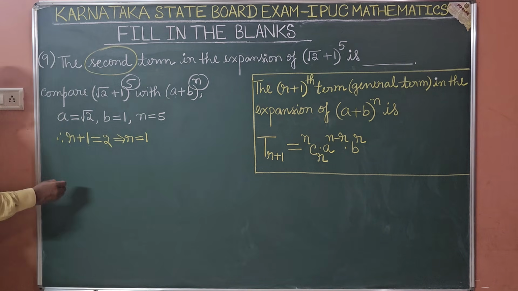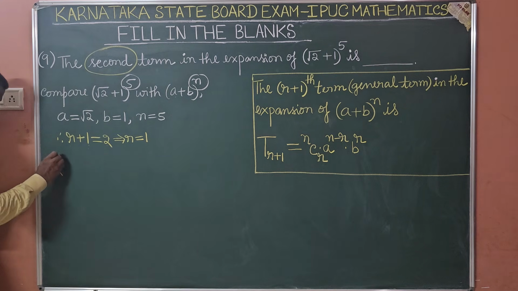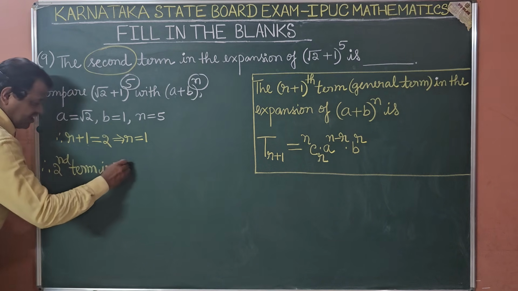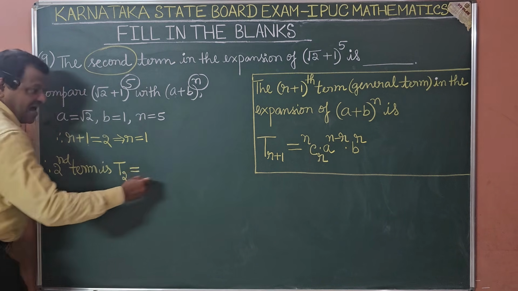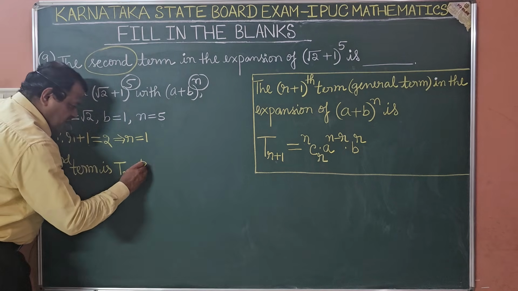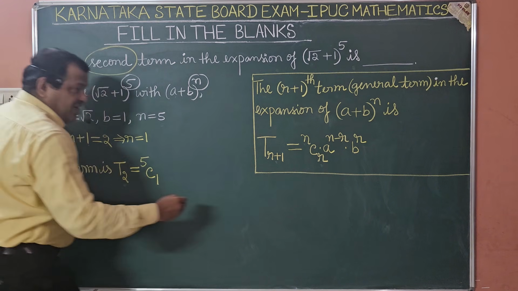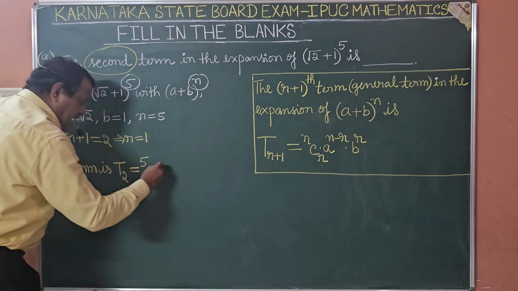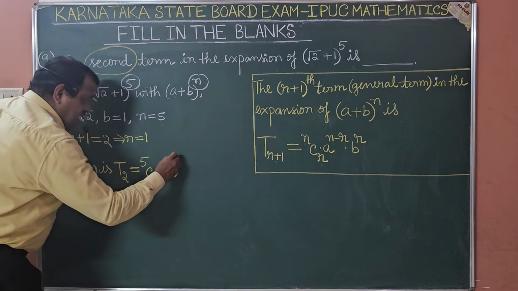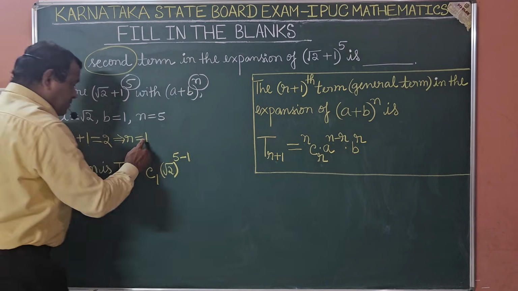And now I use this formula. Therefore, the second term, I will write like this. Second term is T suffix 2, because r plus 1 is 2. It is equal to n, n is 5, 5Cr, r is 1, into a power n minus r, a is square root of 2, power 5 minus 1, into b, b is 1.